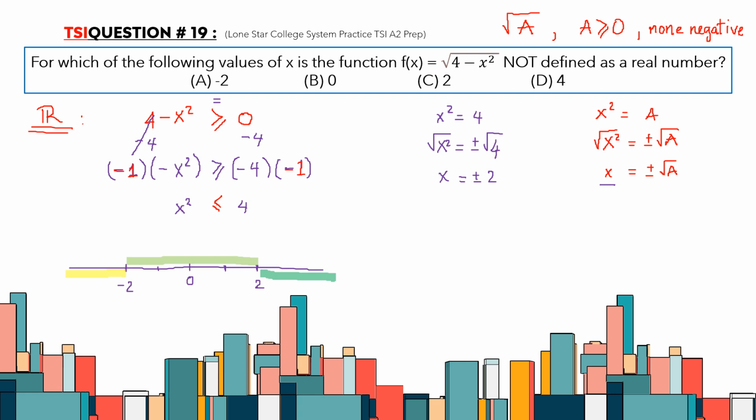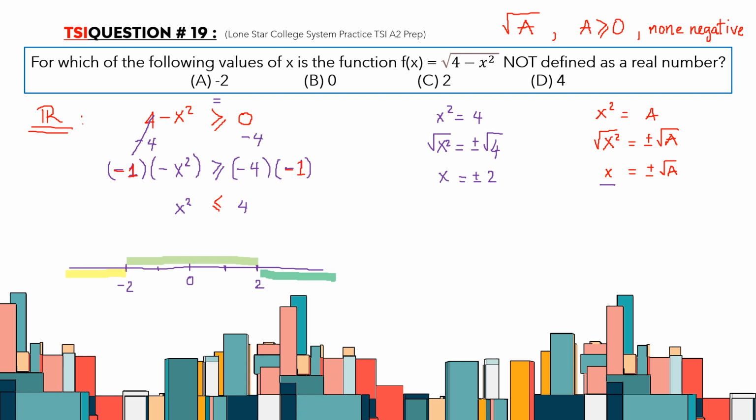Why do we have those 3? Because we know that in those 3 regions, in some the value of x squared will be less than 4, and in some it will be greater than 4, because x squared equals 4 at negative 2 and 2.